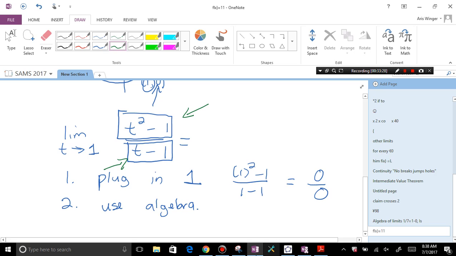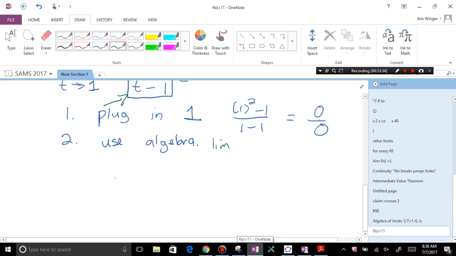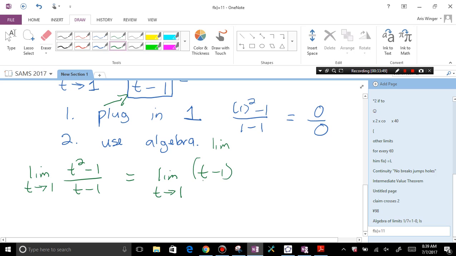Okay, so the algebra is trivial. We just need to factor. The limit as t tends to 1 of t squared minus 1 over t minus 1 is equal to what? The limit of t minus 1 times t plus 1 over t minus 1.